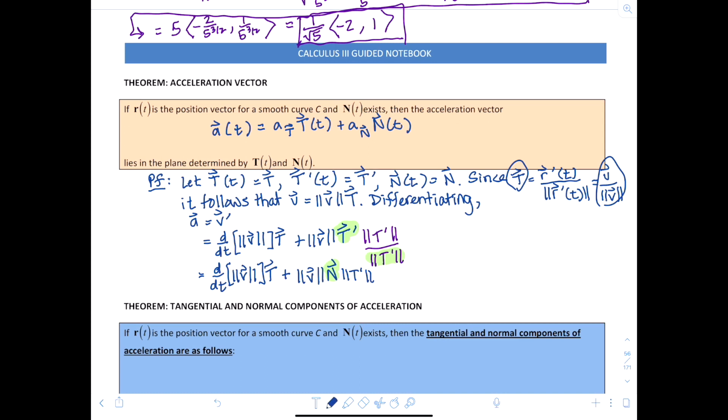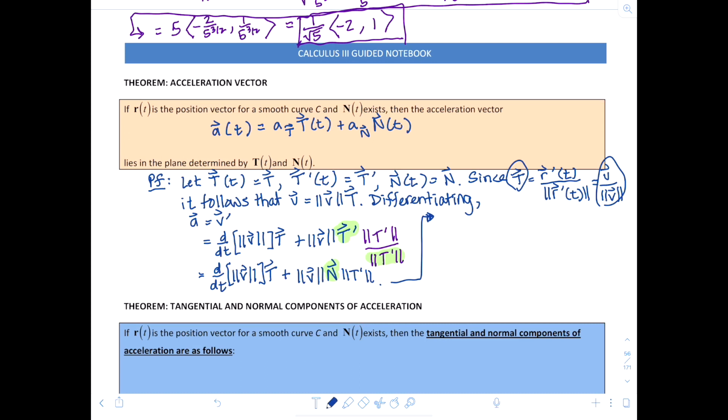All right, so now let's think about a. We basically have a written as a linear combination of T and N, don't we?